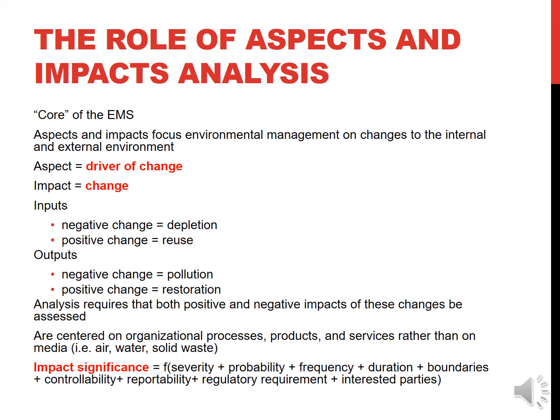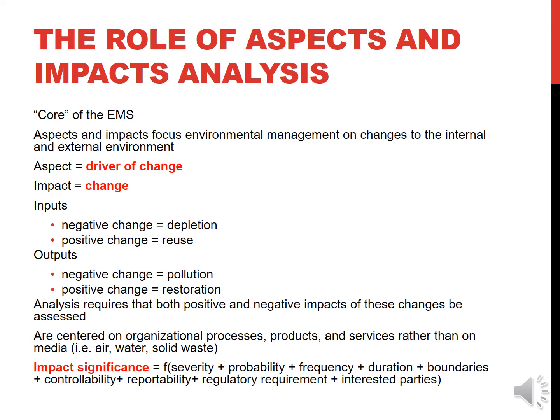We saw from the definitions that an aspect could be considered a driver of change, and an impact is the actual change itself. So the aspect could be emissions to air, and the impact could be increased concentrations of carbon dioxide.